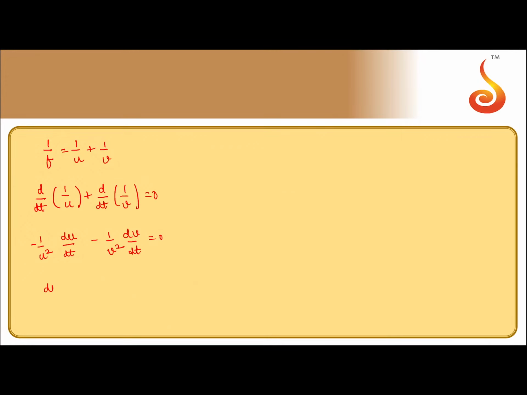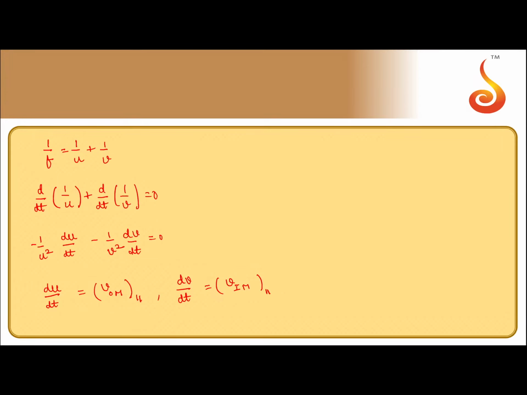Now we can write du/dt as the velocity of the object with respect to the mirror, and this component is parallel to the principal axis. So we write it in this notation, and similarly dv/dt is equal to the velocity of the image with respect to the mirror, and it is along the principal axis.